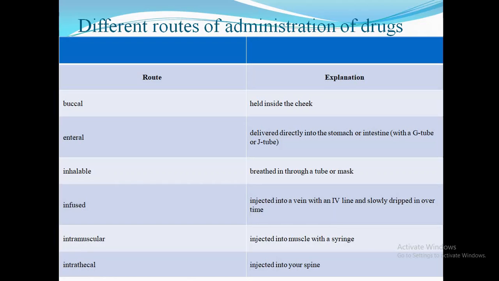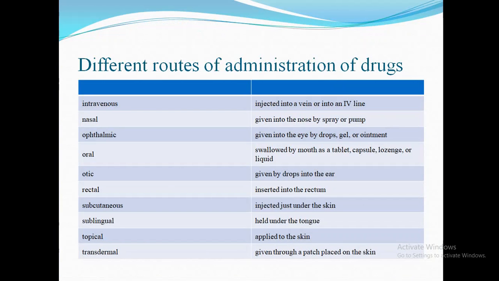Inhalable: breathed in through a tube or mask. Infused route: injected into a vein with an IV line. Intramuscular: injected directly into the muscle with a syringe. Intrathecal: injected into your spine, that is the spinal cord. And intravenous: administration of drug into the vein or into an IV line.